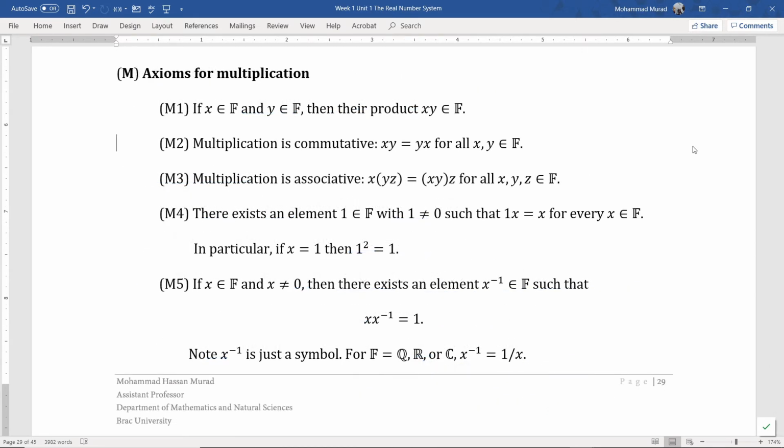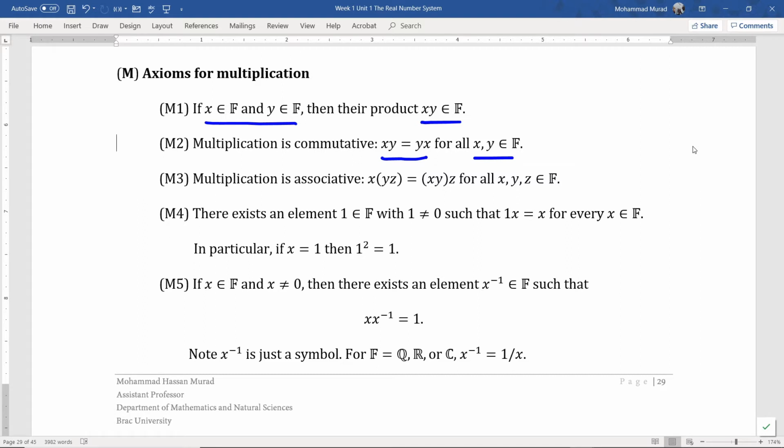Axioms for multiplication. M1. If x is in F and y is in F, then their product xy also is in F. M2. Multiplication is commutative. Means xy equals yx for all x and y in F. M3. Multiplication is associative.